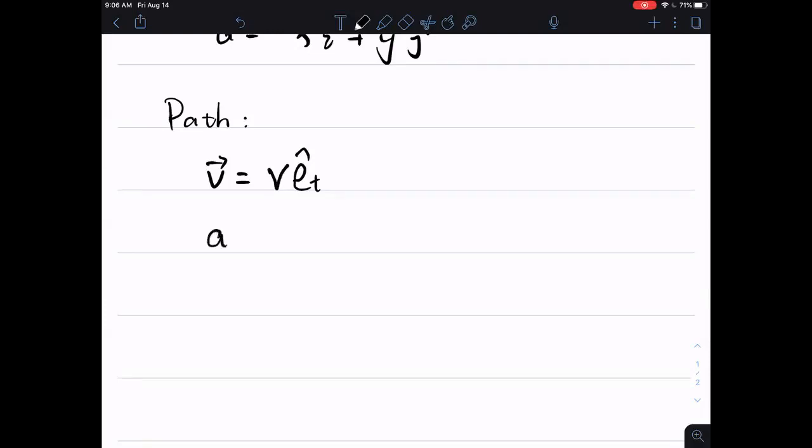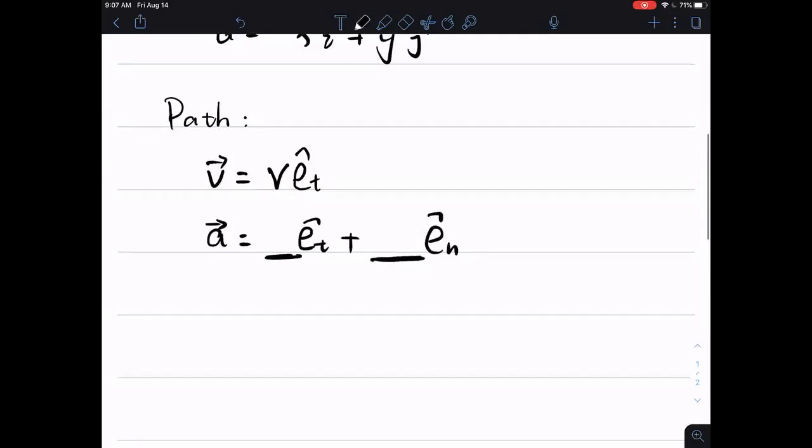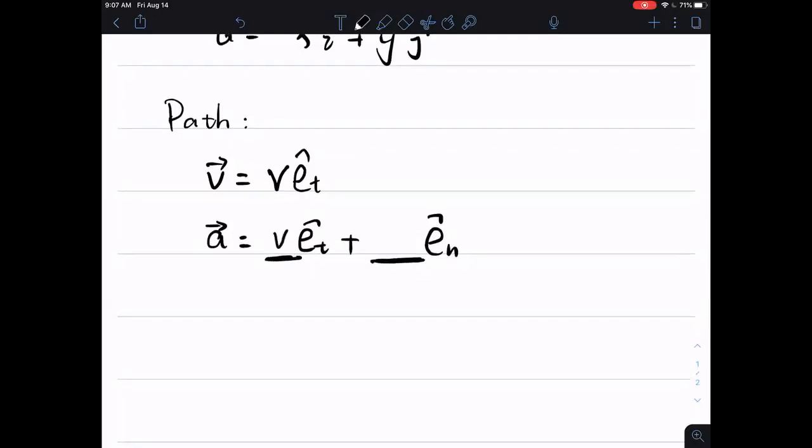For acceleration in the path coordinate system, we can have something e_t plus something e_n. What's in front of this blank and this blank? Let's start with the first blank. It's v dot.